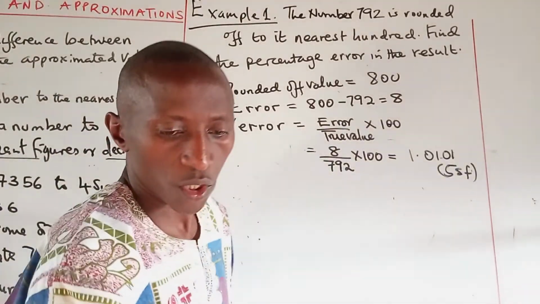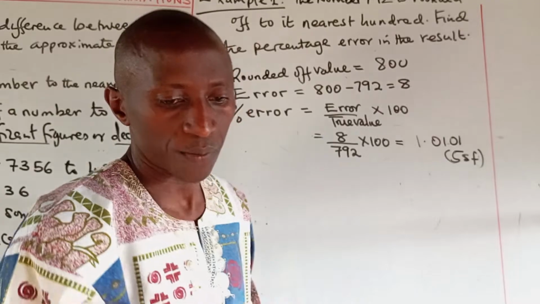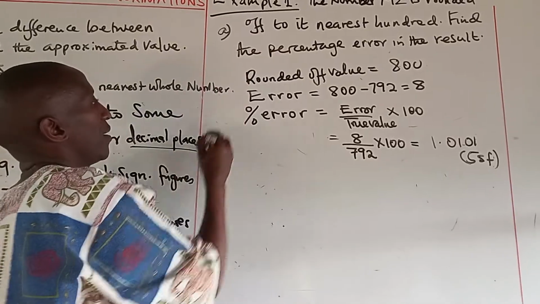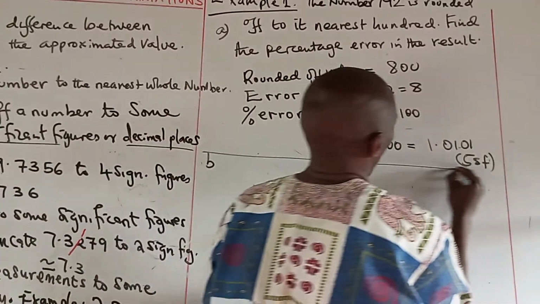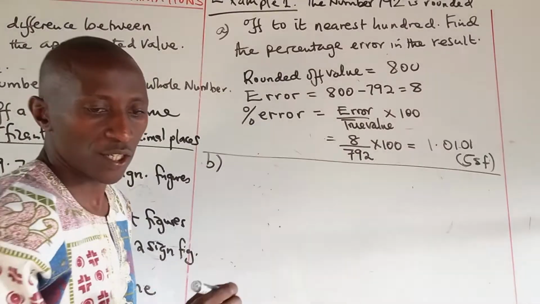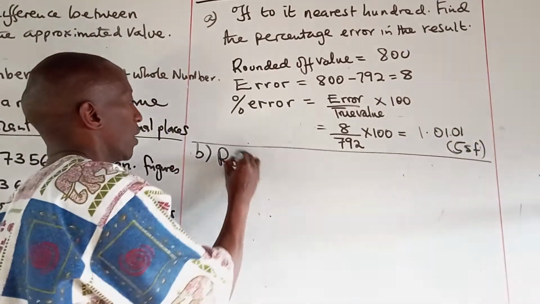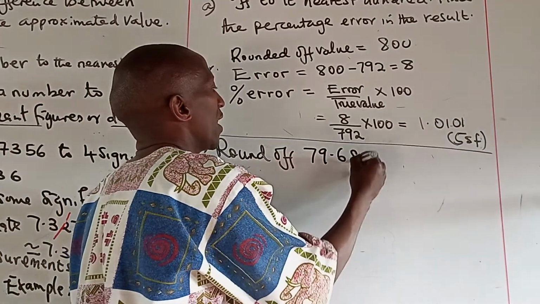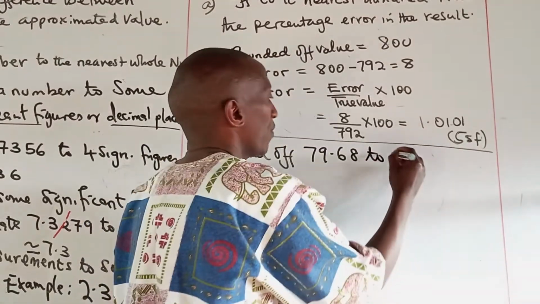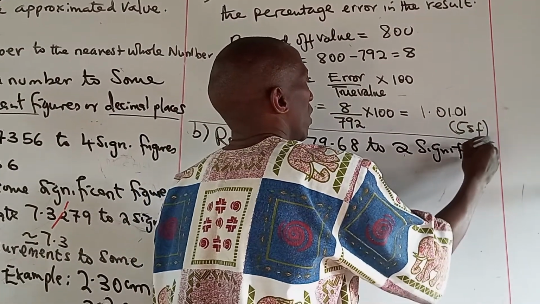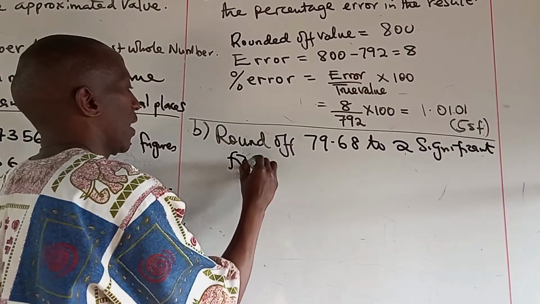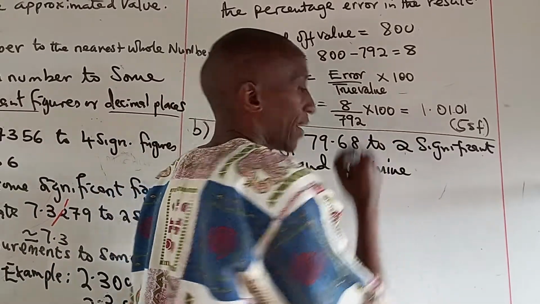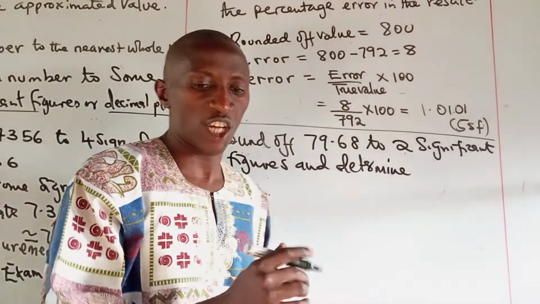Let's move on to question number 2. Supposing we are given, let's make this one A and this one B. We are required to round off 79.68 to two significant figures, and determine the percentage error.